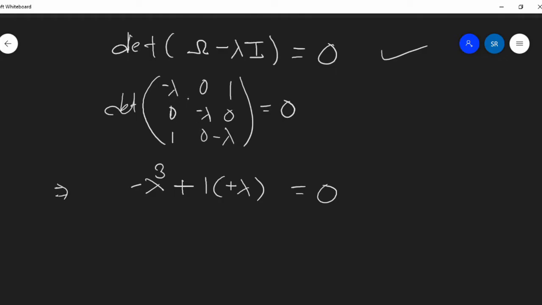This times this times this gives us minus lambda cubed. Minus this is 0. Plus 1 times 0 times 0 is 0. Minus lambda times 1 is minus lambda. So yeah, I was correct actually.